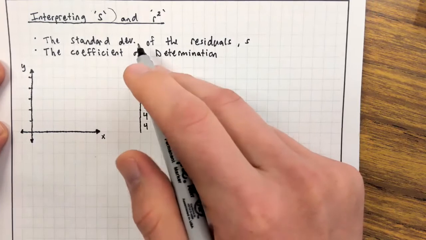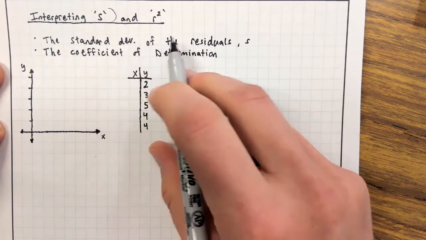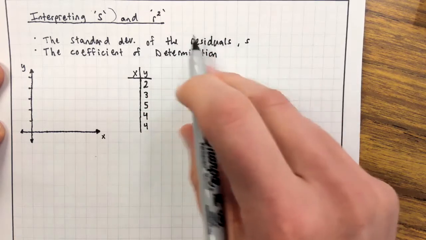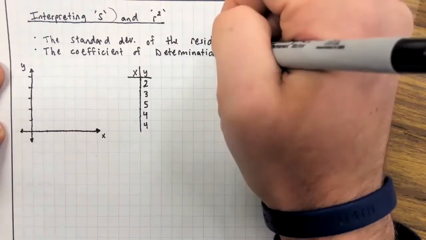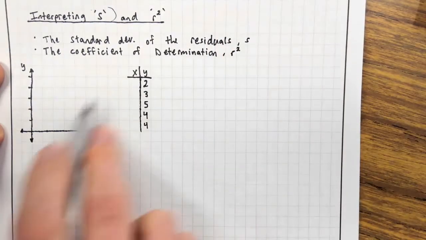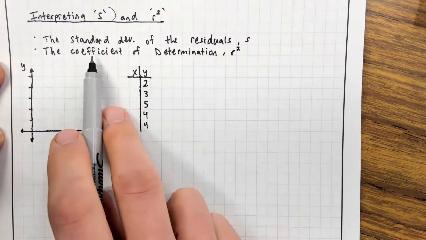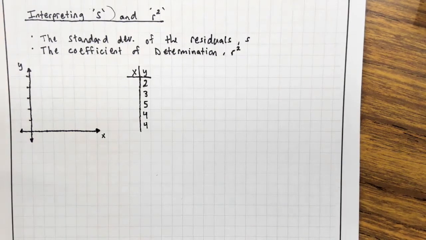It's like just the typical distance to a data set's mean. But in this case, we don't really have a data set. We're looking at residuals instead of just one variable. And then the coefficient of determination, again, that is the r squared value. And we're going to go through a little example so that way we can explain where this value comes from and then interpret it. Without seeing it with any examples, it's kind of confusing, I think.